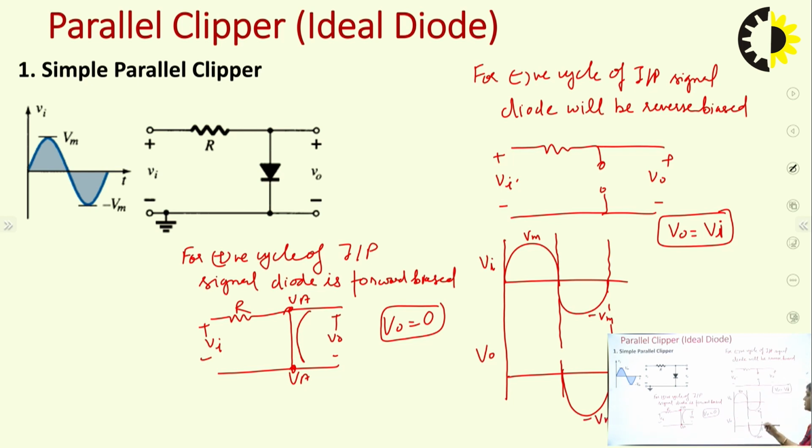So this will be the output for such type of parallel clipper, because in negative cycle we are getting the output Vi, that is equal to minus Vm. So this is basically a positive clipper because positive cycle has been removed.